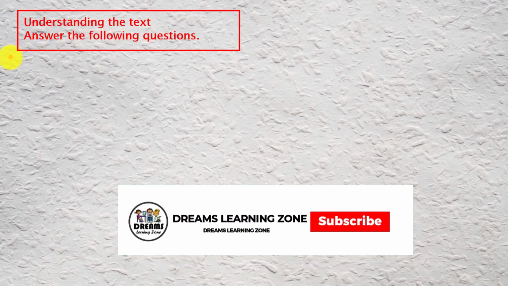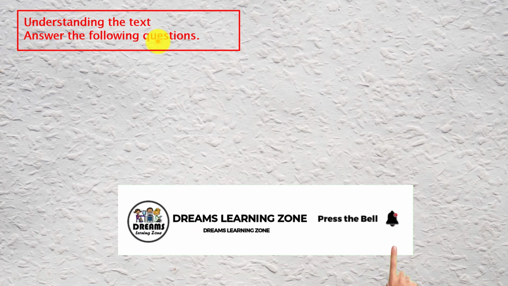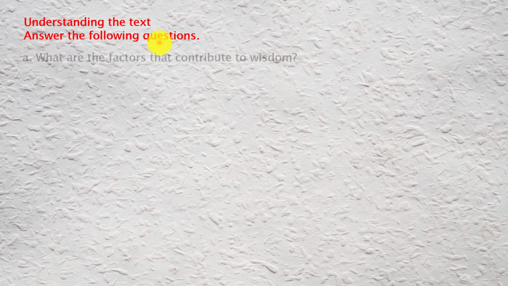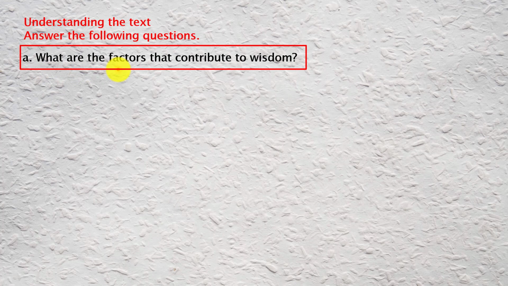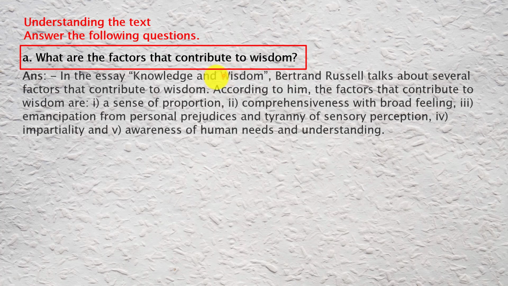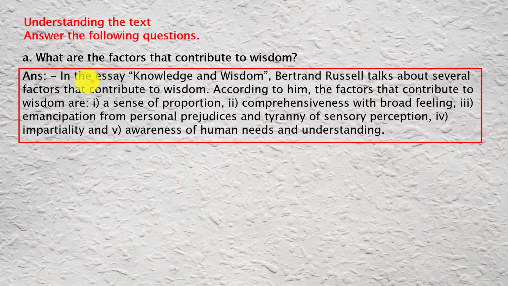Understanding the text, answer the following questions. First question, what are the factors that contribute to wisdom? Answer is, in the essay Knowledge and Wisdom, Bertrand Russell talks about several factors that contribute to wisdom.